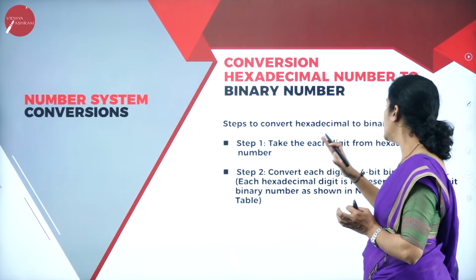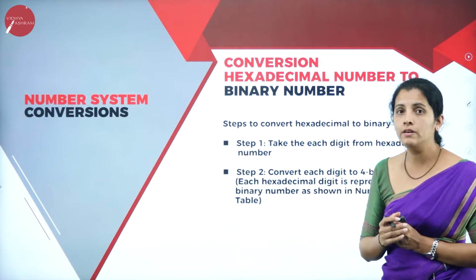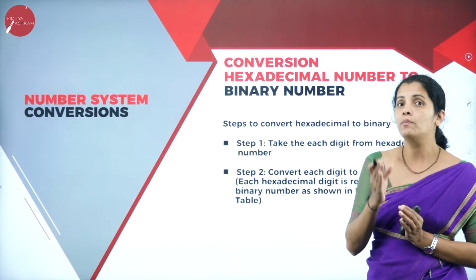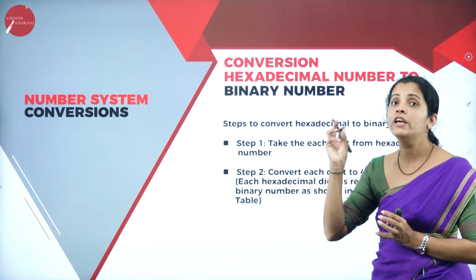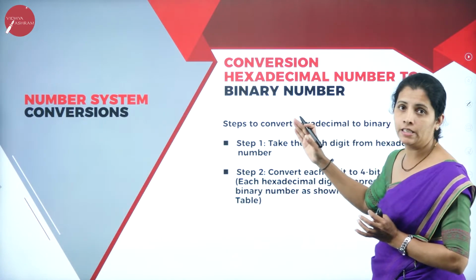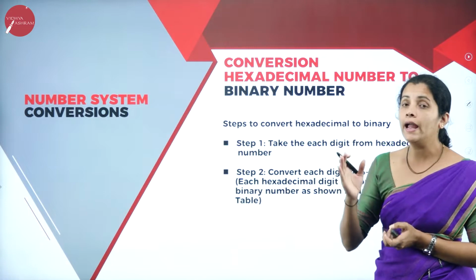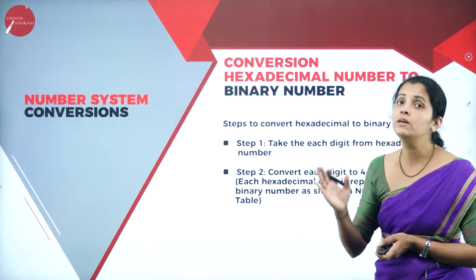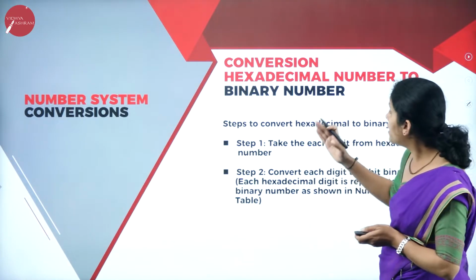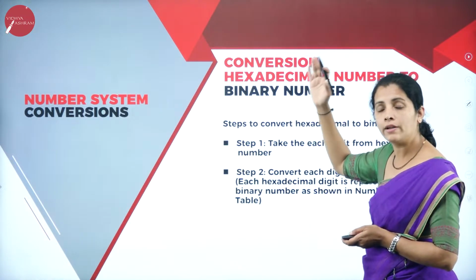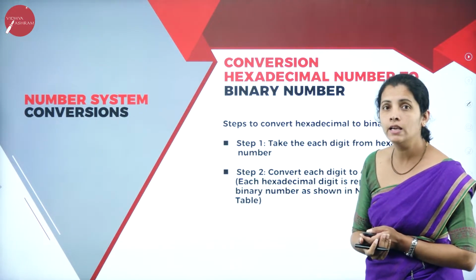Then convert each digit into a 4-bit binary number. I am going to write the binary equivalent for each digit, that is, the 4-bit binary equivalent, and at the end I am going to club all the bits together to find the final solution, which is in the form of binary numbers.